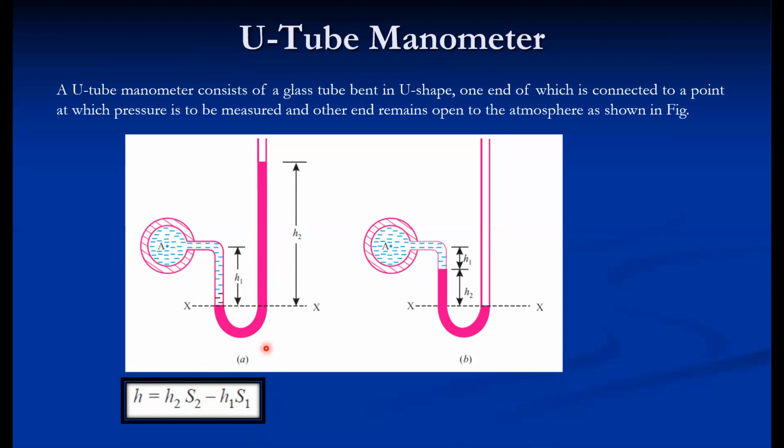So this term we can neglect. By measuring only this particular head, we can measure the pressure head in terms of meter of water column, and then we can convert it into the pressure, that is P is equal to gamma into H. So H is nothing but meter of water column, the equivalent head of water. But if the fluid is gas, then we can reduce this equation to H2S2.